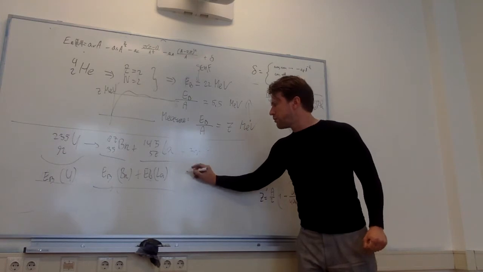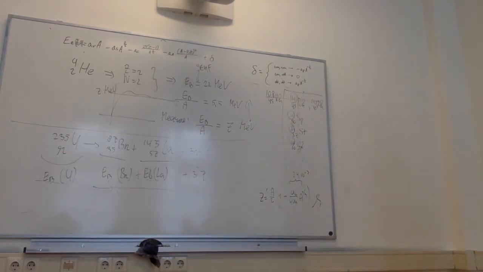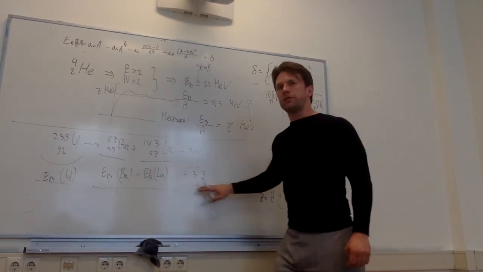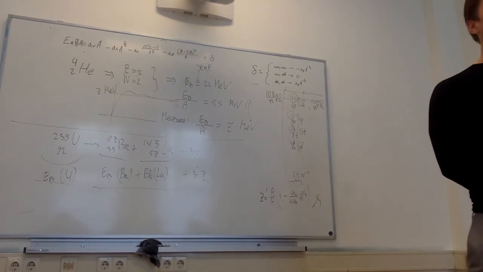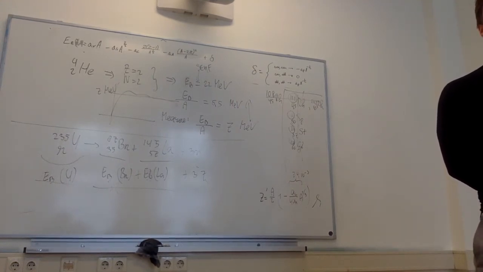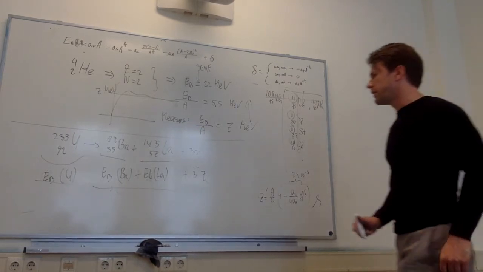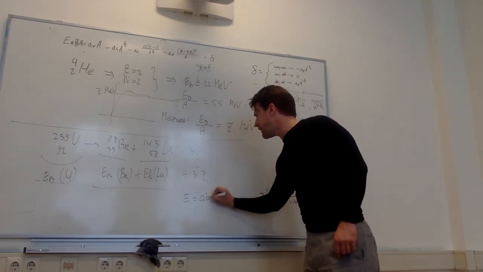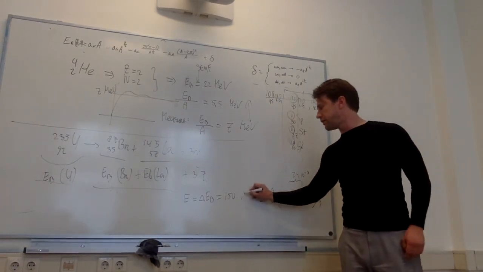So if you want, you can put in 3 times 7 MeV, something like that. Now, subtract all of this from all of that, you will get a number out. I did that, it was about 150 or so, comma something something. Now, of course, the physical reasoning is much more important than the actual number, but what I found was that the energy that is liberated is just the difference in binding energy, and that was about 150, something in MeV.